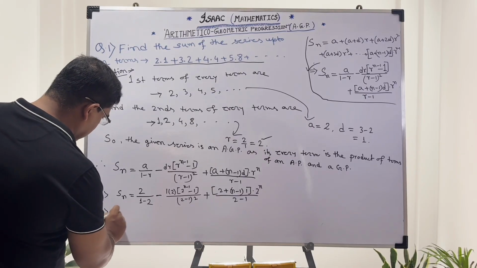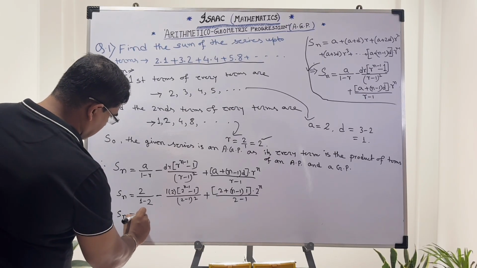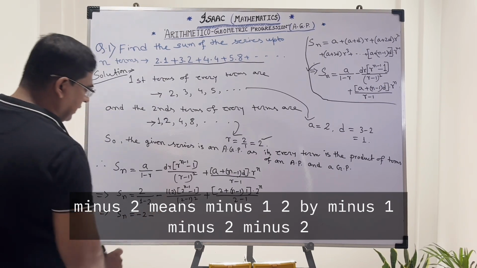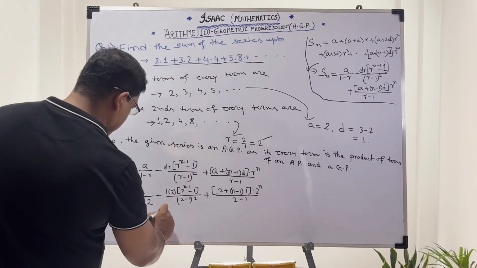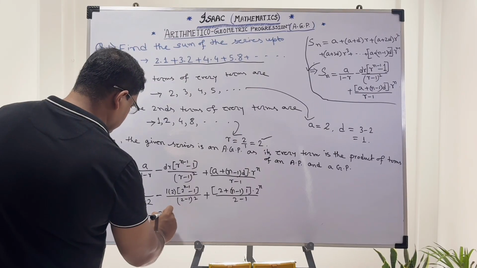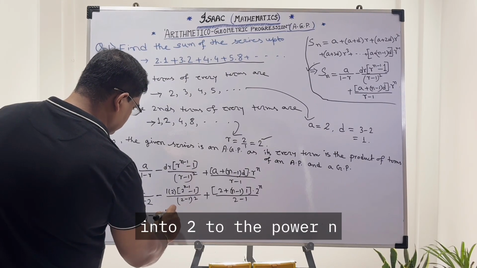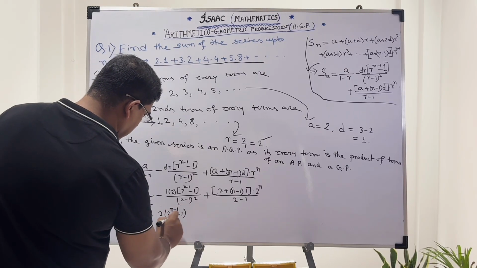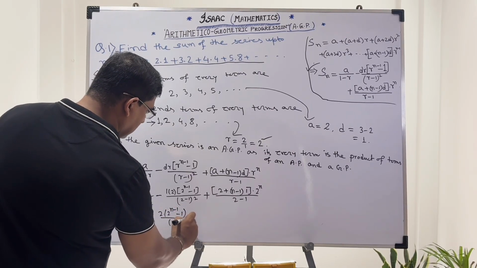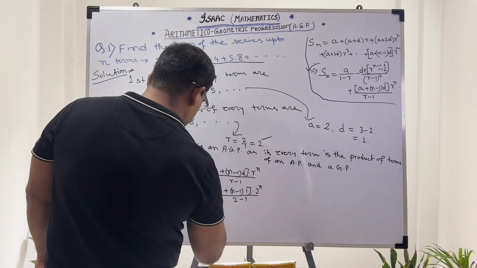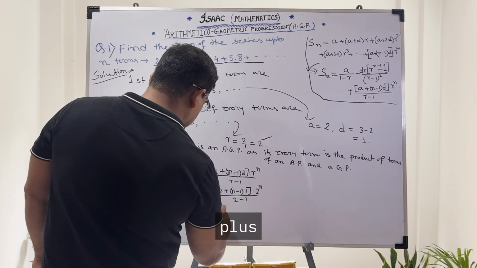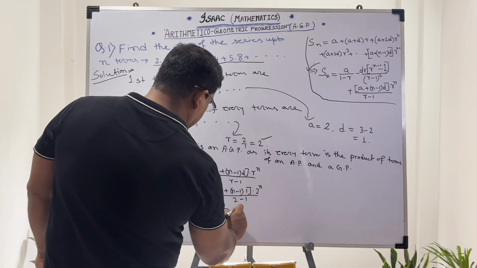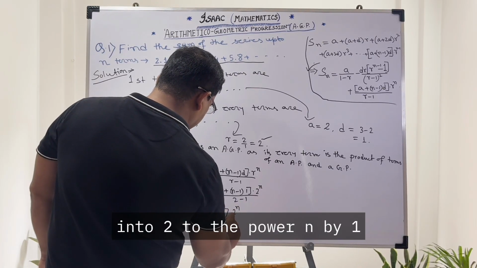So this implies Sn equals 1 minus 2 means minus 1, 2 by minus 1 minus 2 minus 2 into 2 to the power n minus 1 by 1 square plus 2 plus n minus 1 into 2 to the power n by 1.